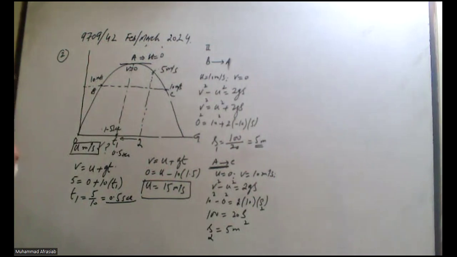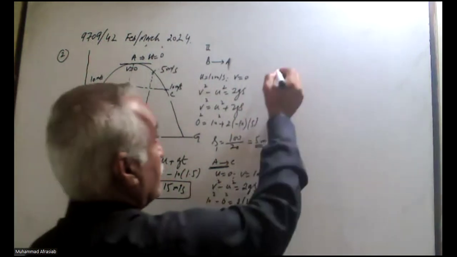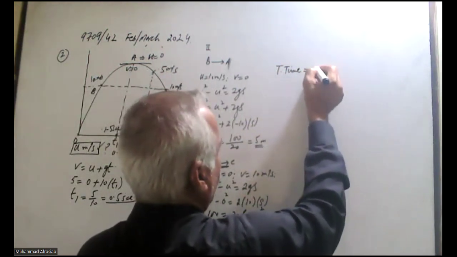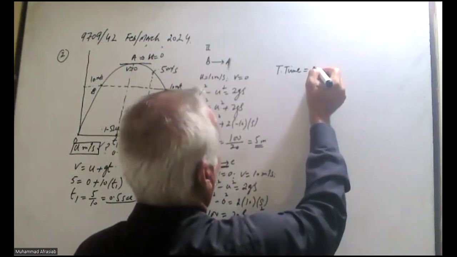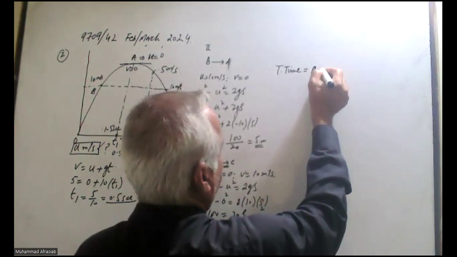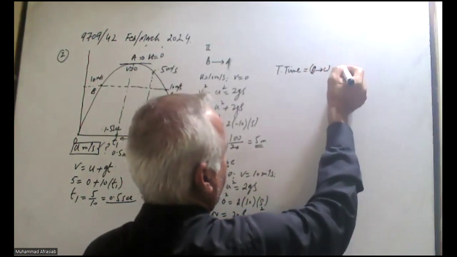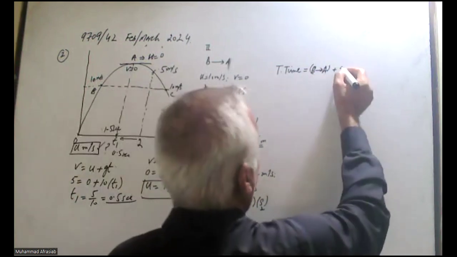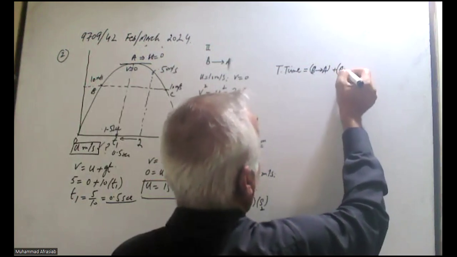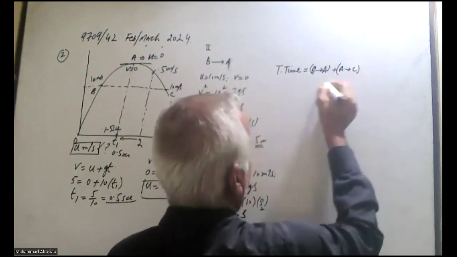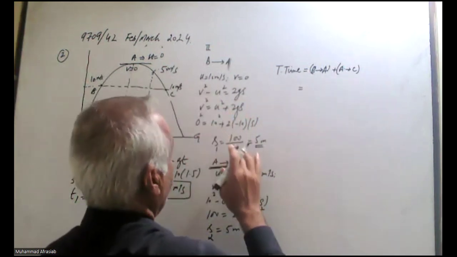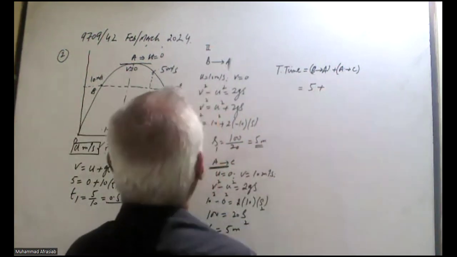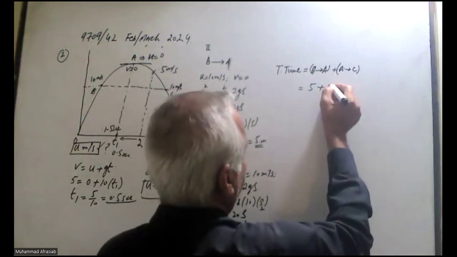So the total distance traveled from 10 to 10 is B to A plus A to C. From B to A, the total distance traveled is 5 meters, and from A to C, the total distance traveled is 5 meters.